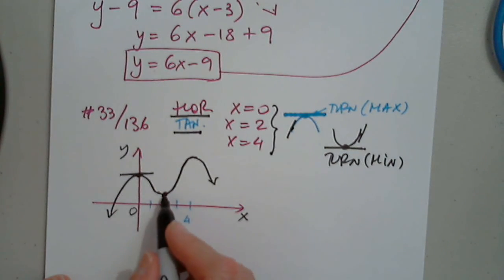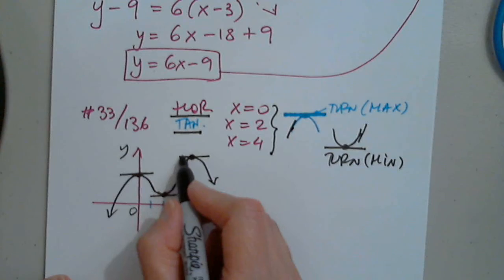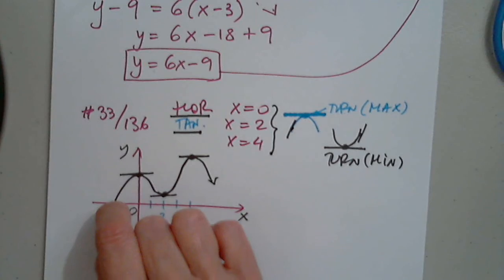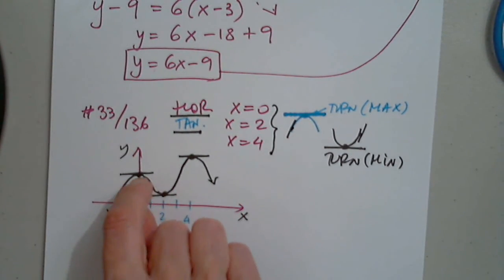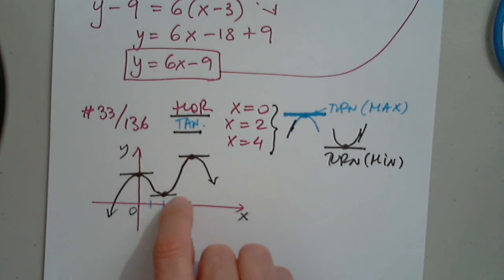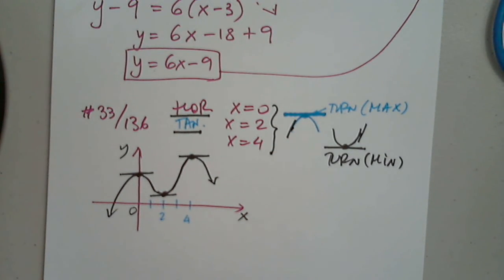Here, when x equals 2, horizontal tangent. Here, when x equals 4, horizontal tangent. There are no corners, no cusps, no vertical tangents. So the function is differentiable everywhere. In other words, I will be able to find the rate of change of this function anywhere. Here it will be 0, because that's the slope. The slope of the tangent is 0, so the rate of change at this point is 0. Any questions on this?